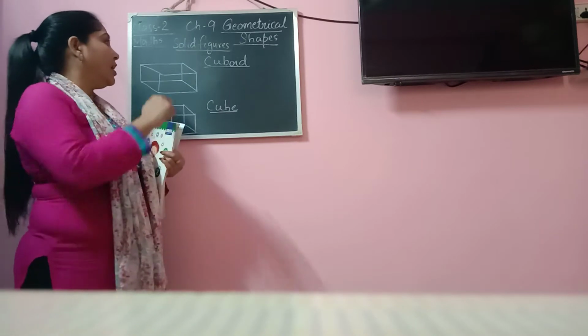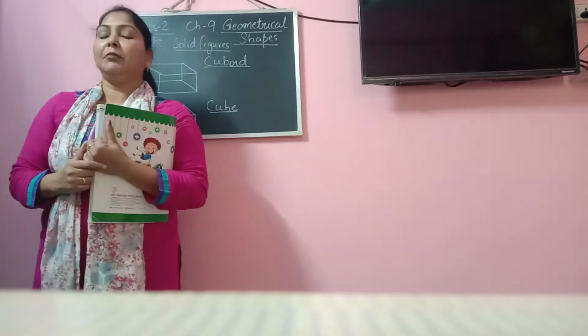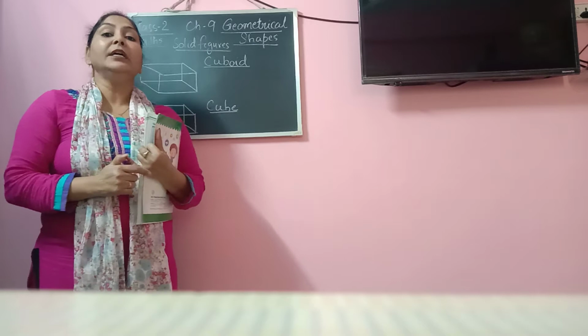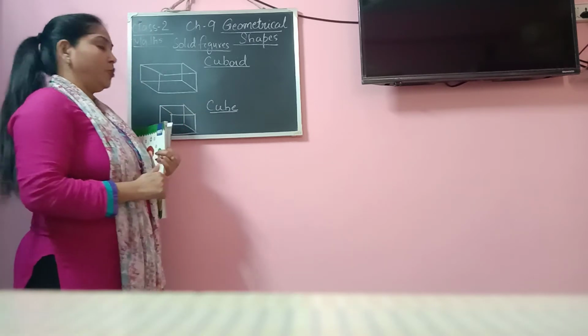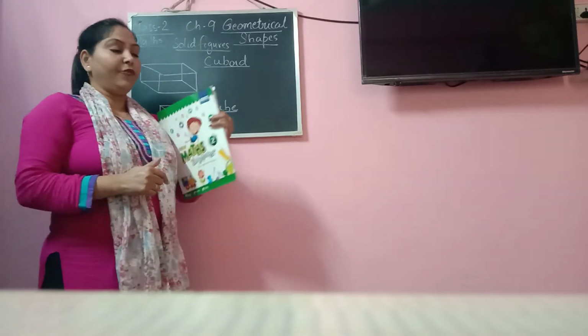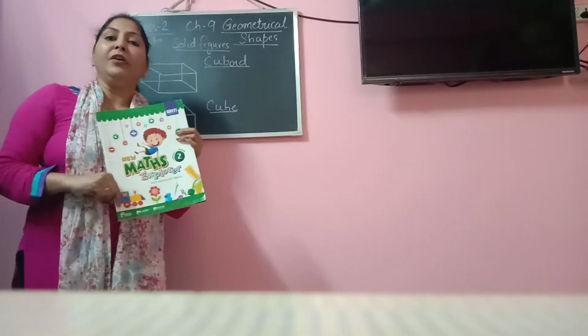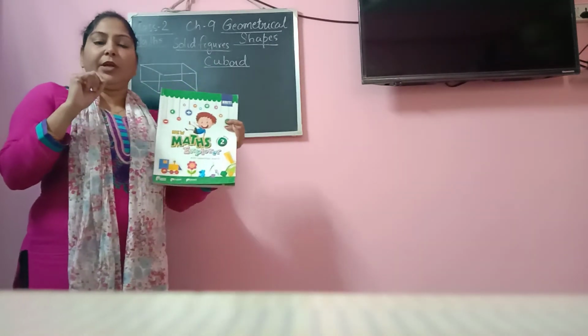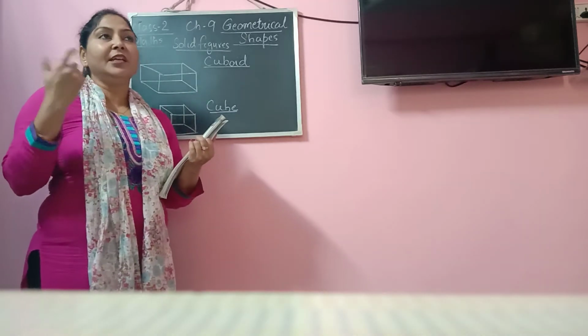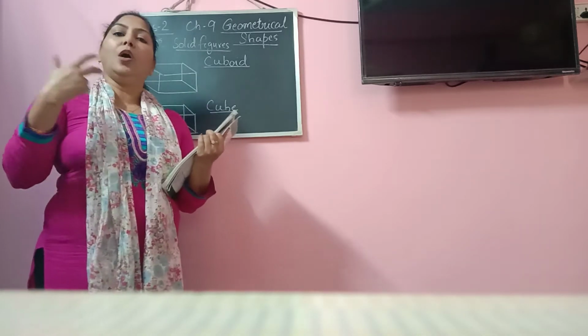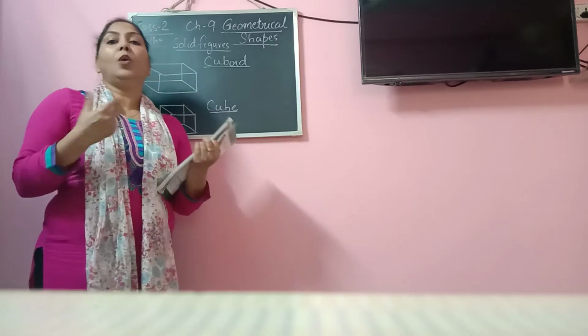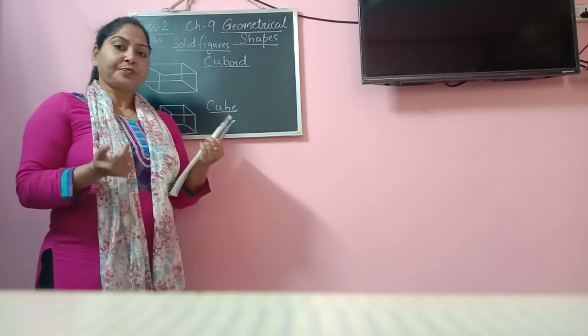So first, I would like to discuss the shape called cuboid. Now what is a cuboid? Actually, if you notice, every solid figure is made up of plane shapes. Plane shapes means what? Either it will be made up of circle or square or rectangle or triangle. Understood?